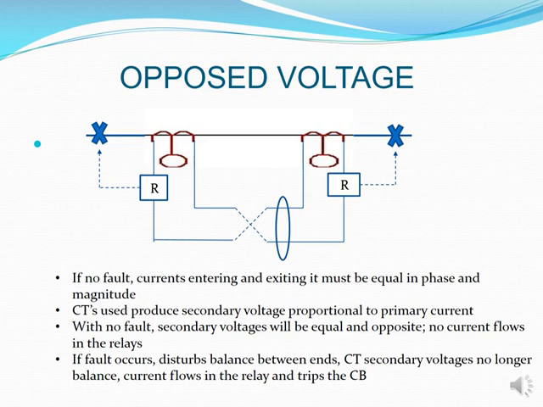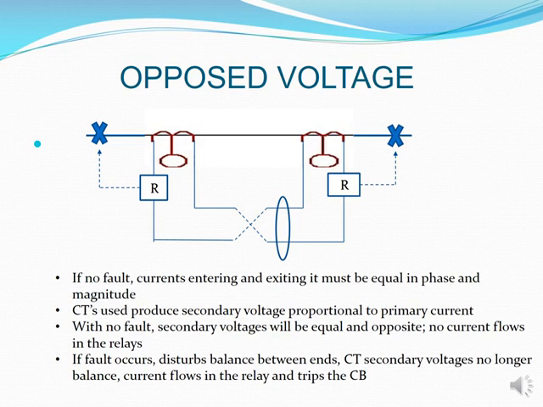In the previous one, you had one relay connected between the CTs. So now you've got a relay connected on each CT, and from that relay, you've got a circuit breaker connected on each side. If you don't have a fault in this entire system, then your currents entering and exiting will be equal in phase and magnitude, and so therefore nothing will happen.